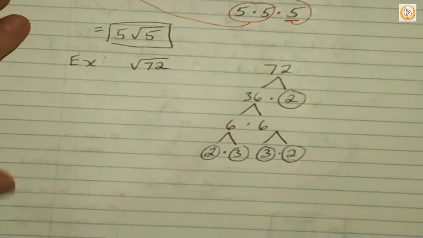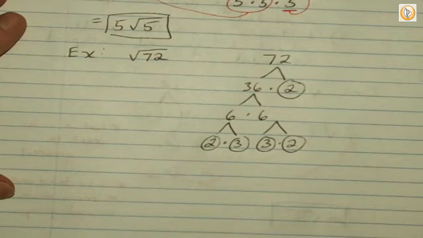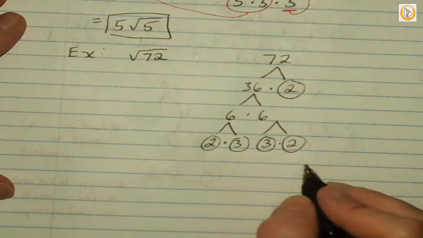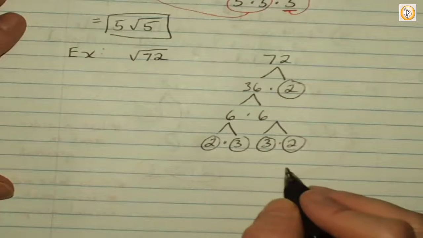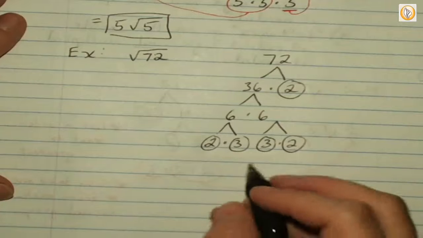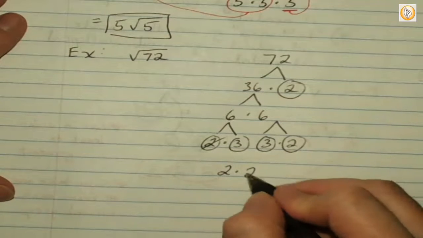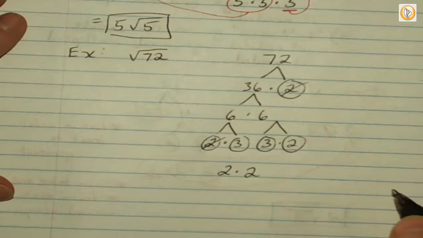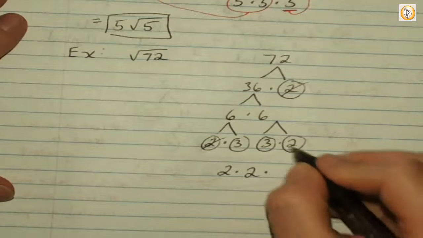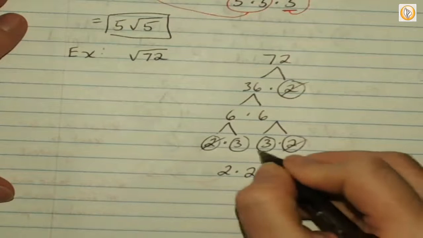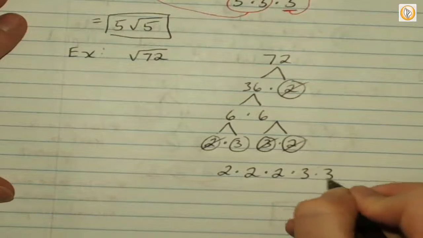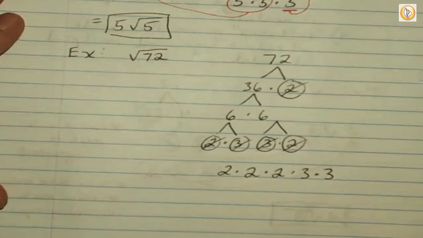It doesn't matter. We can do it different ways. But in the end, do we always have the same primes? Yes. So now we list them in order. 2 times 2. Remember how I used to cross out these to keep us from messing up? And y'all should have the same as me.